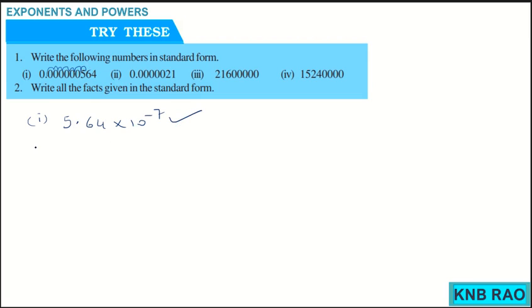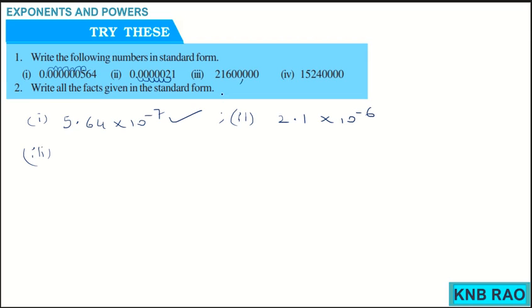Okay, same way the second question. In the second question, I will have the point shifted 1, 2, 3, 4, 5, 6, 6 times, so it becomes 2.1 into 10 to the power minus 6. Whereas question number 3 has 2, 1, 6 and after that 5 zeros.